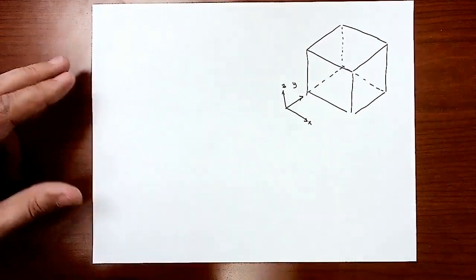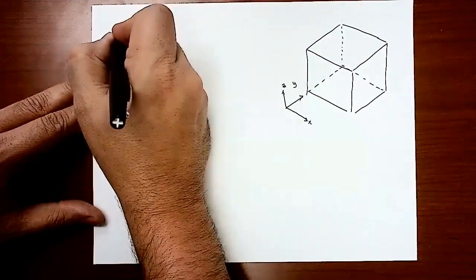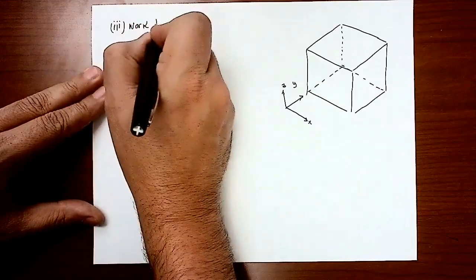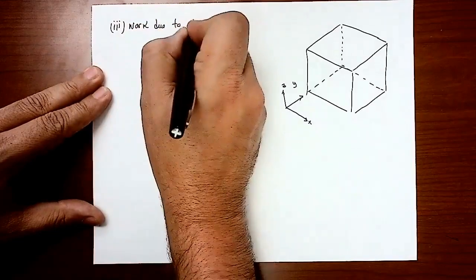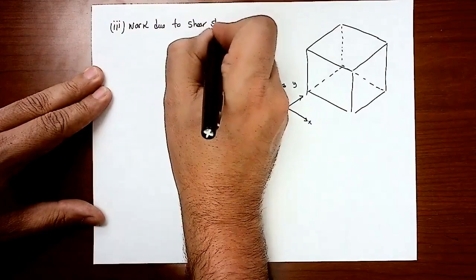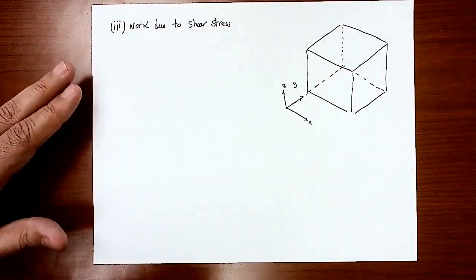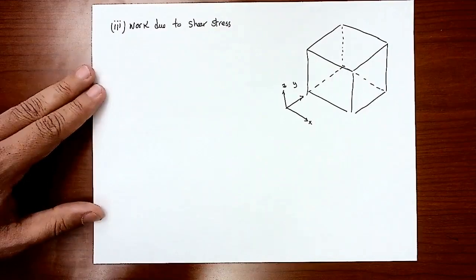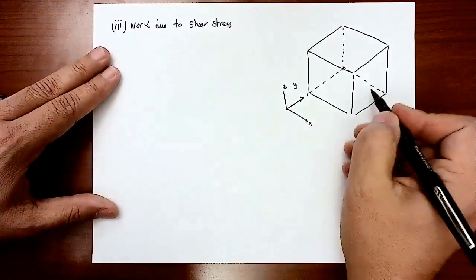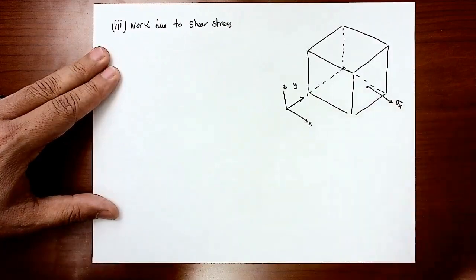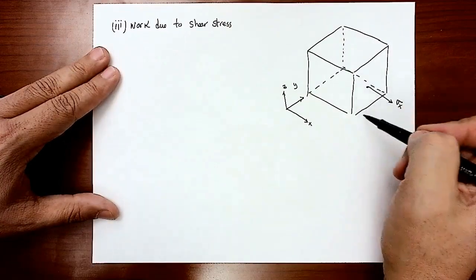So this is number 3, work due to shear stress. Now, for each face, we don't have only one shear stress. For each face, we used to have one normal stress, right? So if I look at that face, I have sigma x that way, one normal stress over that face.